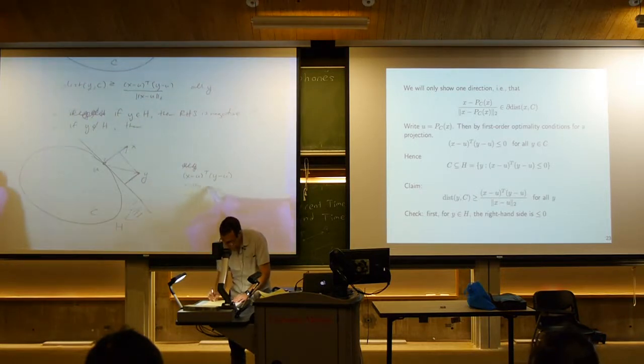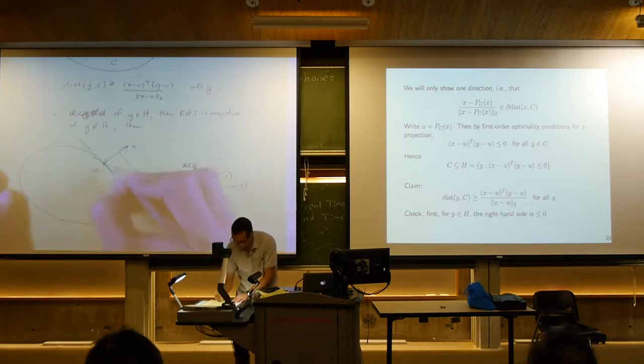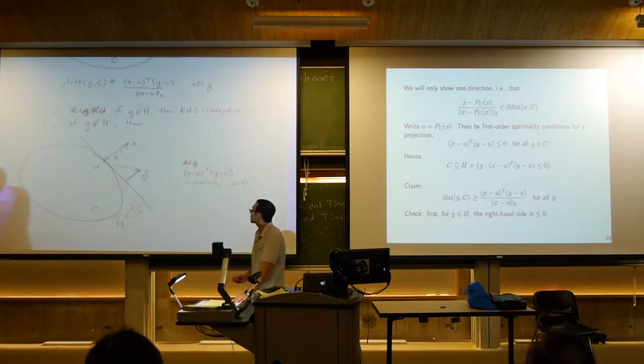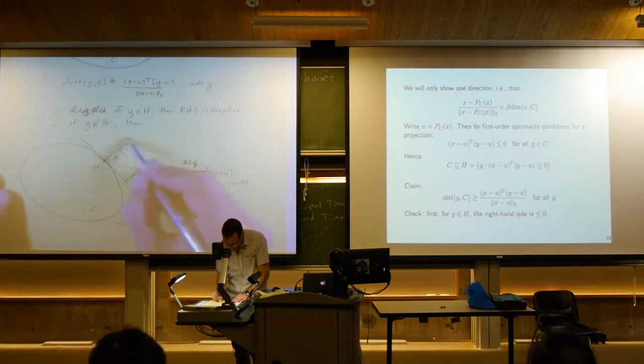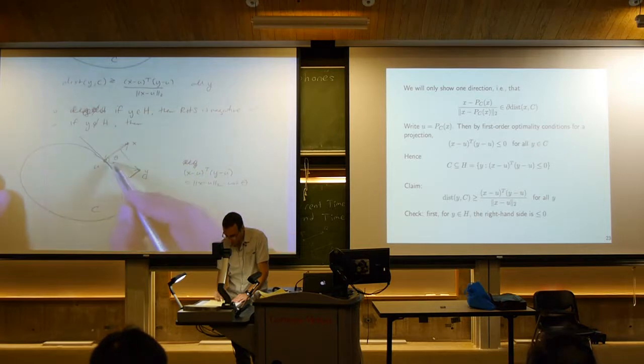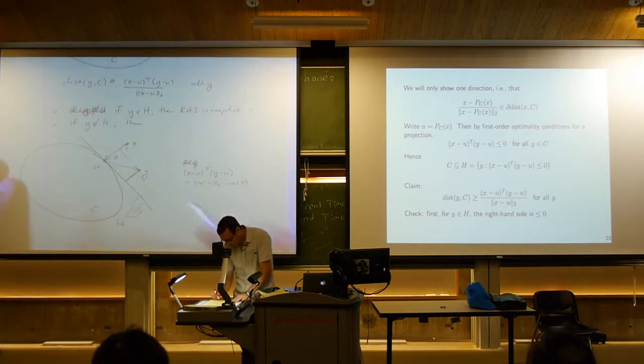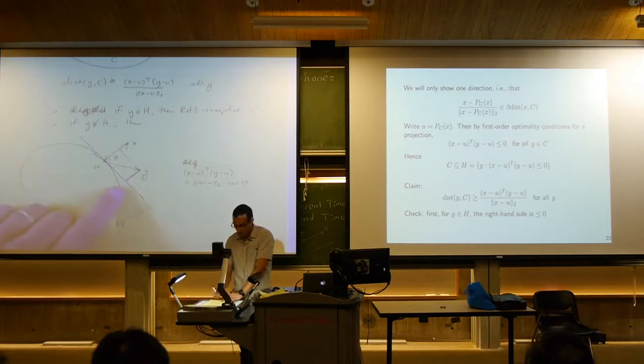It's the norm of x minus u times the cosine of the angle in between. It's a very basic bit of geometry. The inner product between this and this is nothing more than the length of this part times the cosine of the angle in between them. And that we can see is exactly the distance between y and the half space. It's the exact same as this distance.